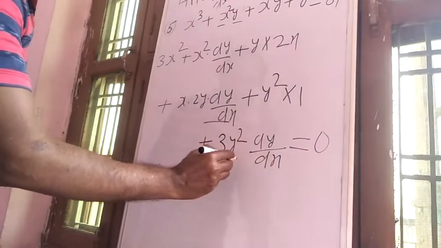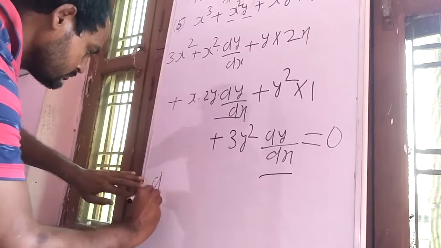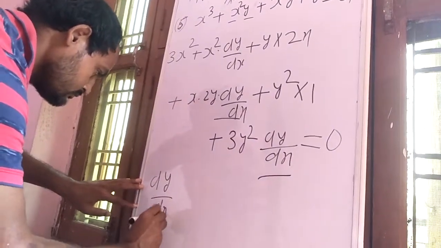Here we have two terms, so we have to take dy by dx common.